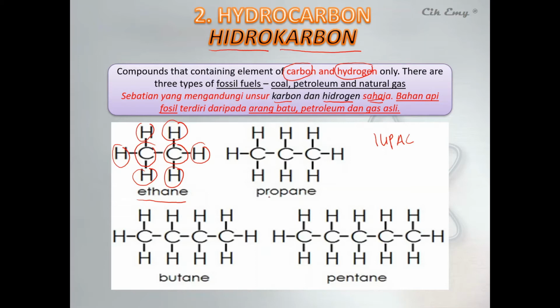Okay, so awak nampaklah kalau macam 3 carbons, we call it as propane, propana. And then kalau 4, butane, butana. Okay, kalau 5, awak panggil dia sebagai pentane, pentana. Itu cara penamaan dia yang kita belajar dalam chemistry. So later kalau awak belajar chemistry kat universiti kan, nanti awak tahulah penamaan-penamaan ni.